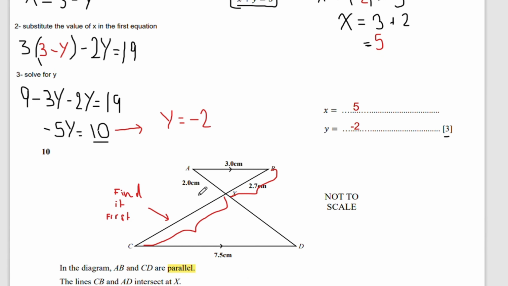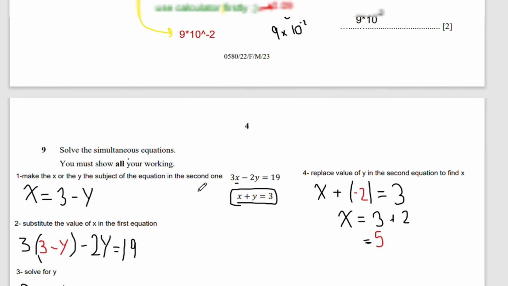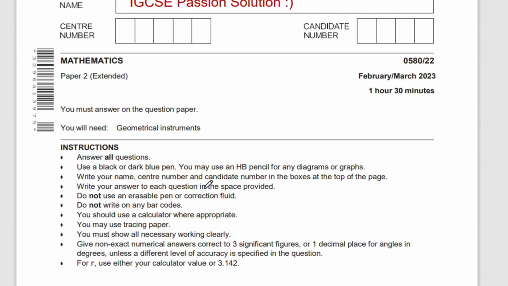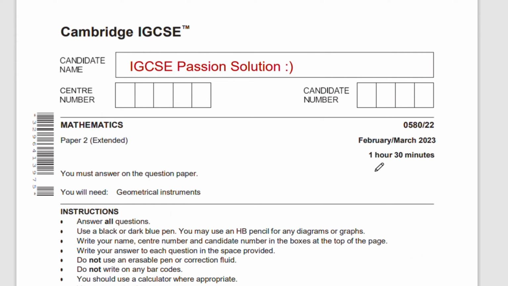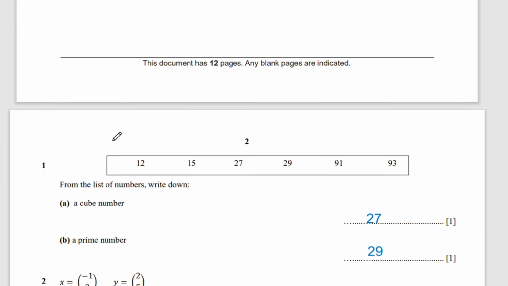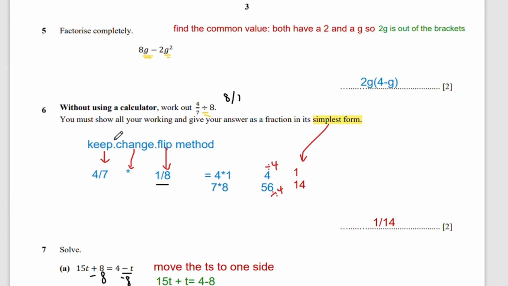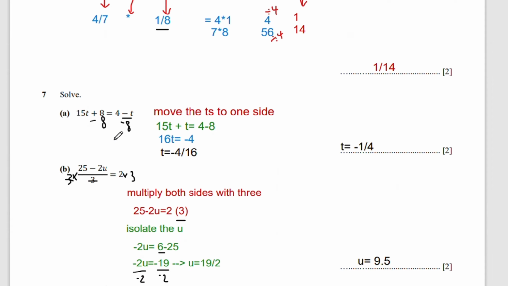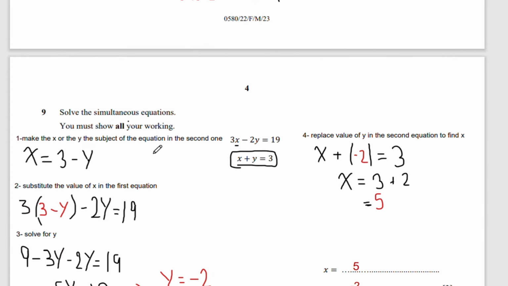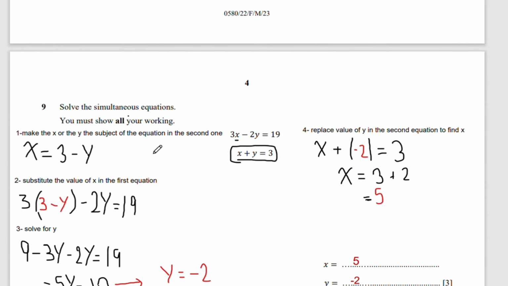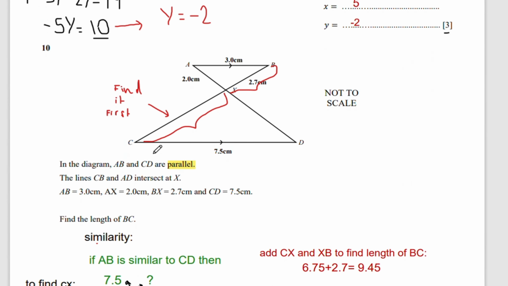See, we're moving so fast. It won't take you a lot of time. The total time for this paper is an hour and 30 minutes. You can solve it so fast, but keep in mind that as you move through the paper, the questions will become harder. So you don't really need to spend a lot of time on the first few questions; go through them fast.